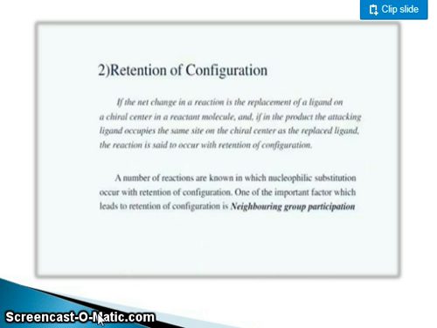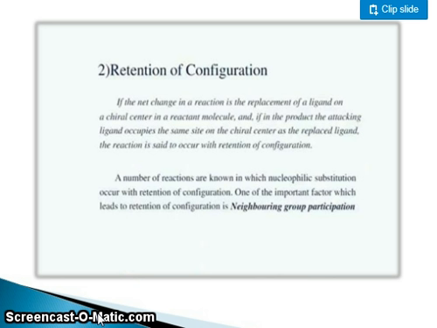If the net change in a reaction is the replacement of a ligand on a chiral center in a reactant molecule, and if in the product the attacking ligand occupies the same site on the chiral center as the replaced ligand, the reaction is said to occur with retention of configuration.